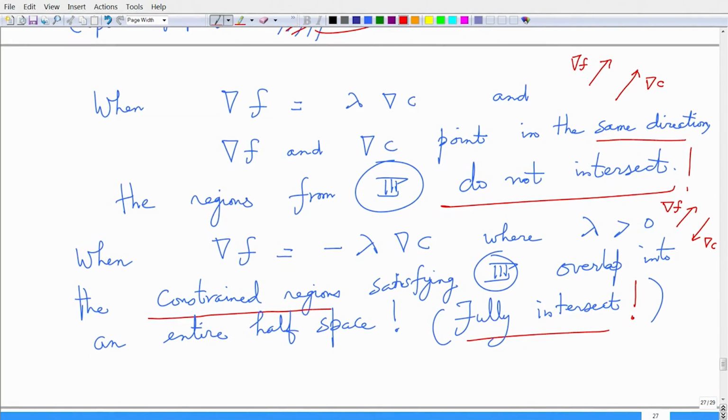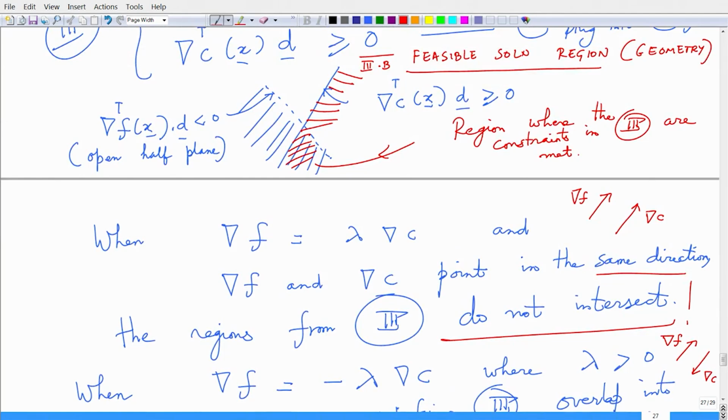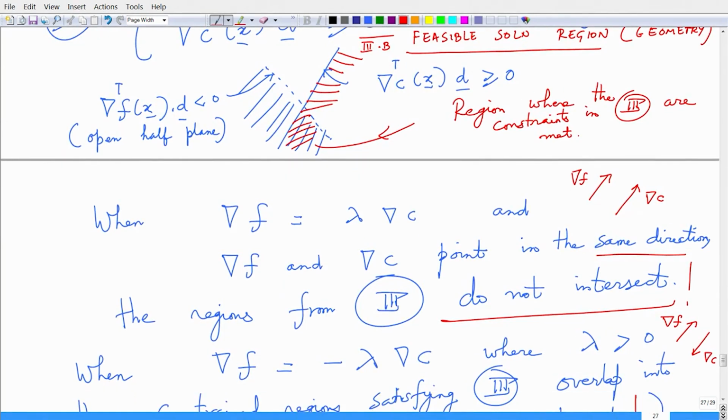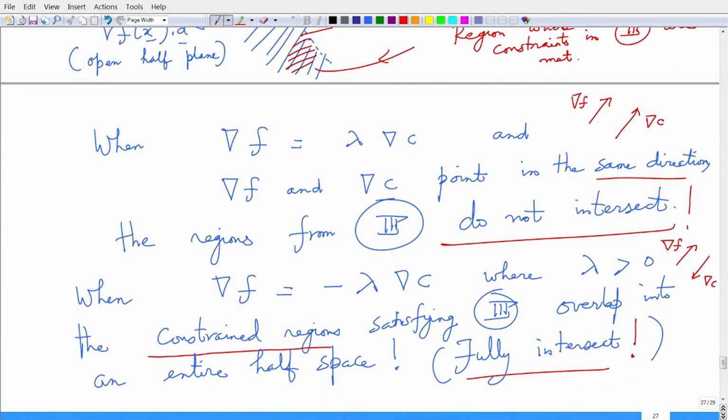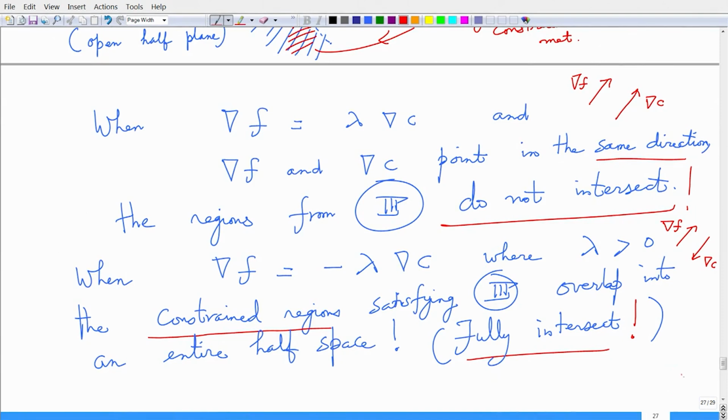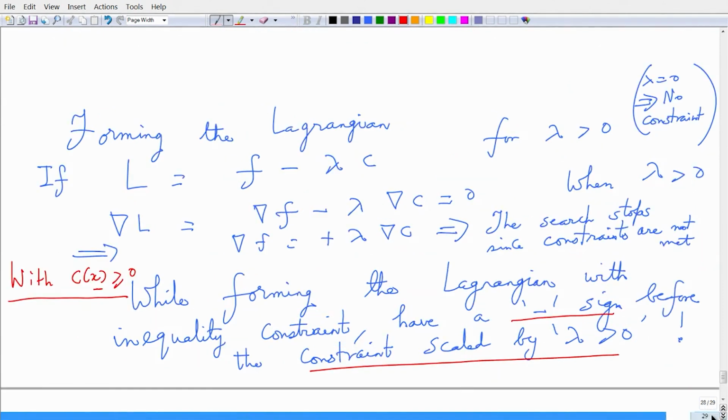So, in one case there is full intersection, when del f and del c are in opposite directions, and in the other case there is no intersection. Now, what is the consequence of this in terms of the Lagrangian? This is important for us.